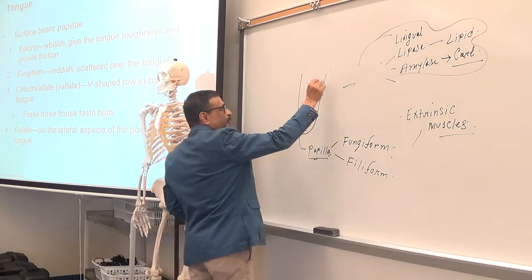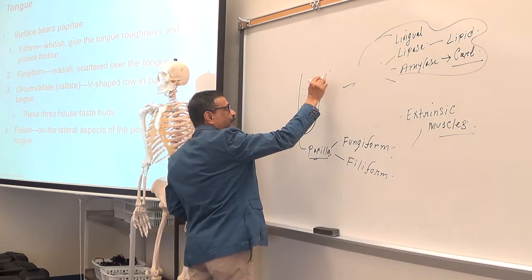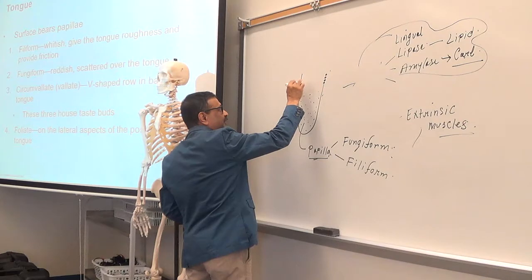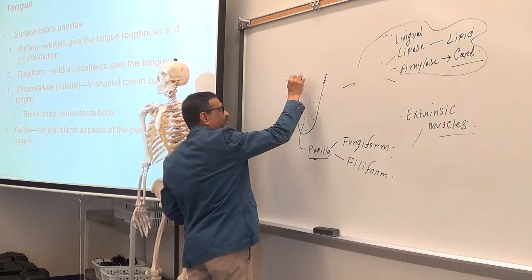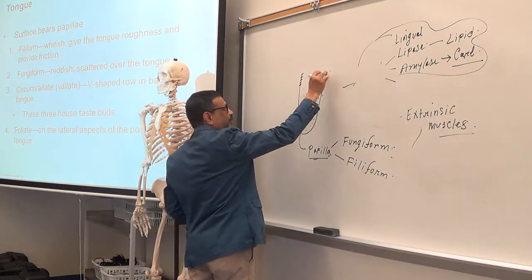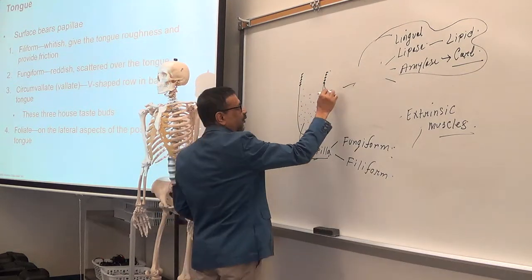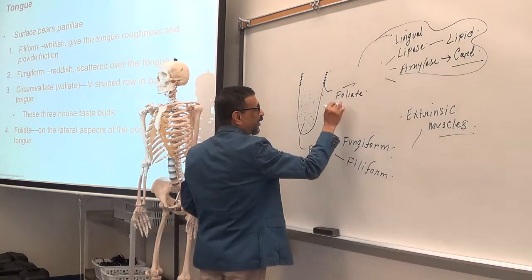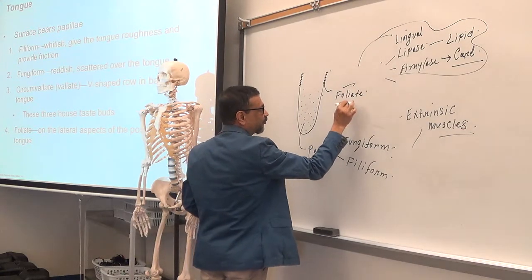If you see both sides of the back part of the tongue, all the way back, you have different types of papilla here. These are called foliate. Foliate papilla. Okay.